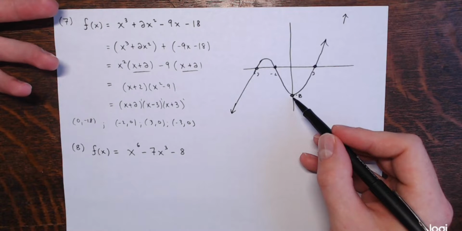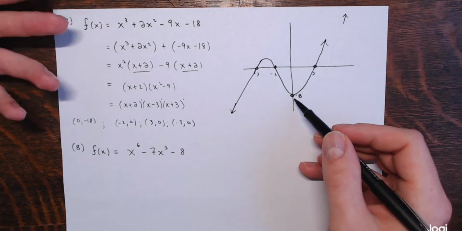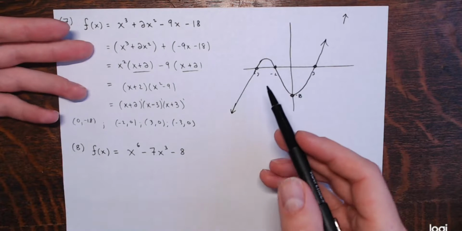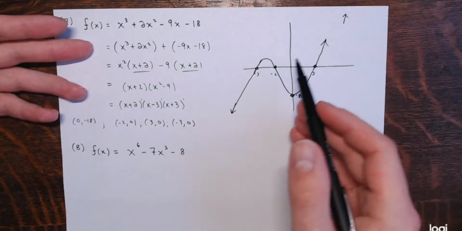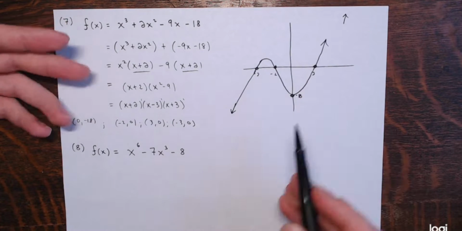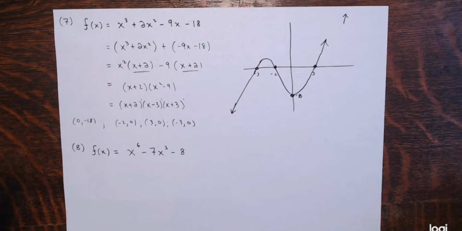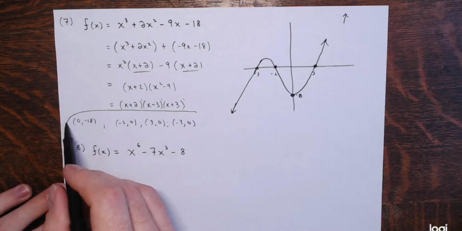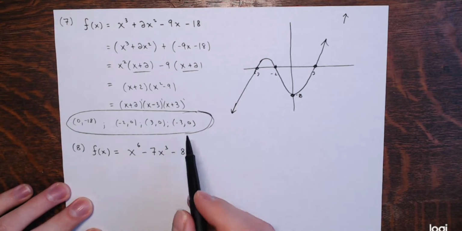I don't think it would be. I think the turning point would be somewhere else. I'm just drawing a very, very rough sketch here. But as long as you know the end behavior and how the graph acts at the intercepts, you'll be able to make a decent rough sketch. But yeah, so here's all the intercepts, right? That's what they asked us for, the intercepts.